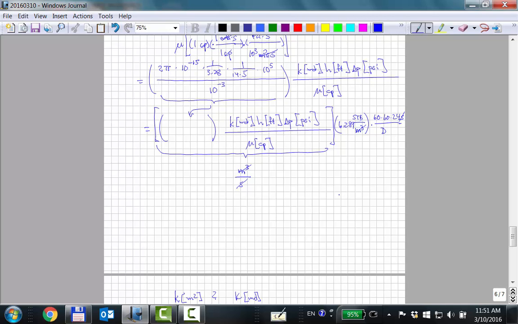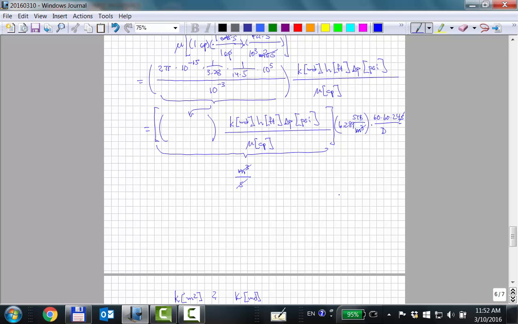All right. So we got 2 times pi, 3.14, times 10 to the minus 15, divided by 3.28, divided by 14.5, times 10 to the 5th, divided by 10 to the 3rd, times 6.289, times 60 times 60 times 24.